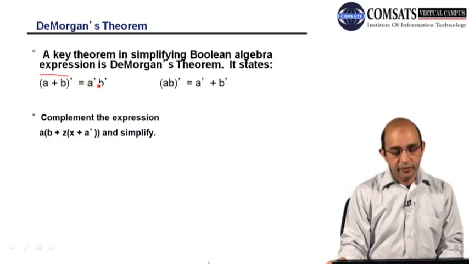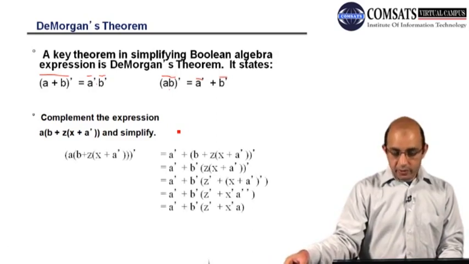So what we will be getting is A complement dot B complement, right? And if you have A dot B whole complement, then what you will be getting is A complement plus B complement, right?